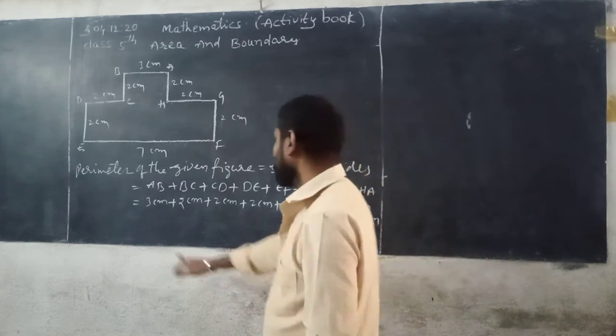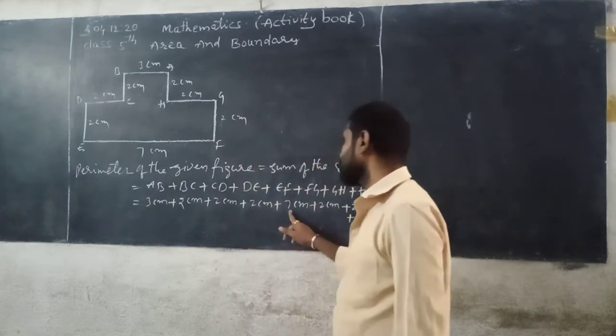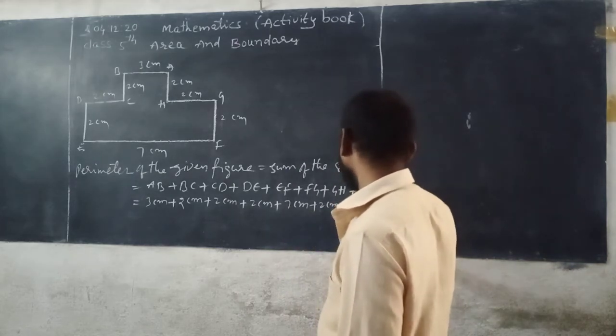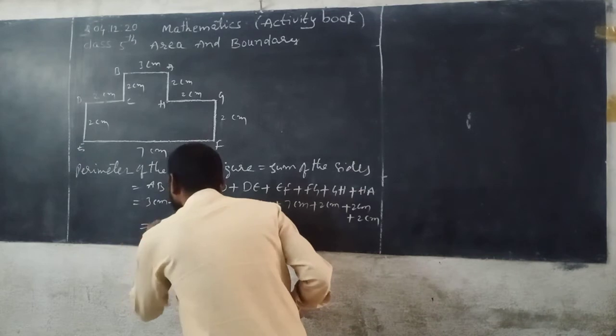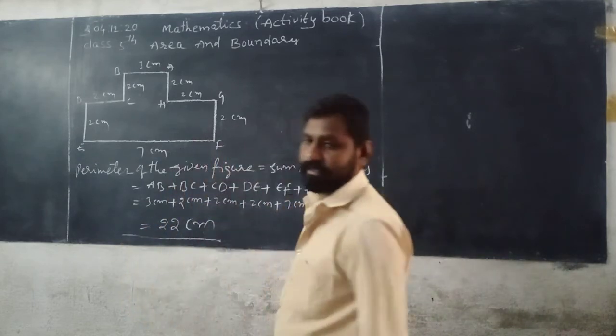Add it. 3 plus 2, 5. 5 plus 2, 7. 7 plus 2, 9. 9 plus 7, 16. 16 plus 2, 18. 18 plus 2, 20. 20 plus 2, 22. 22 centimeters.